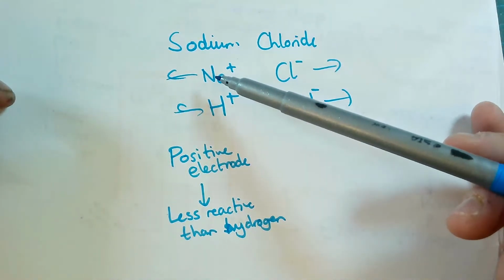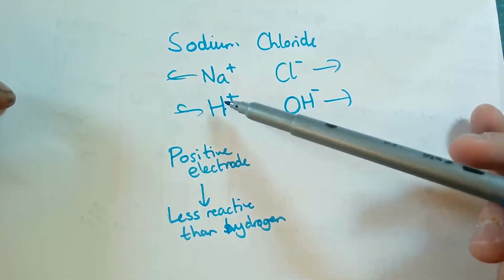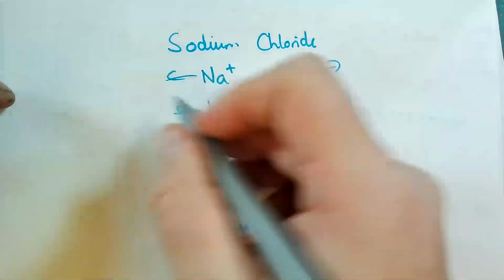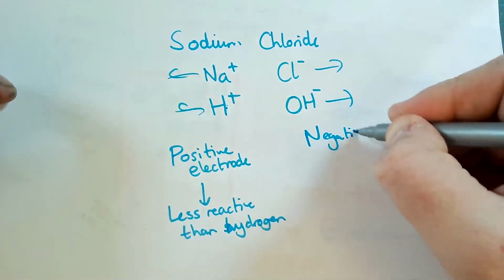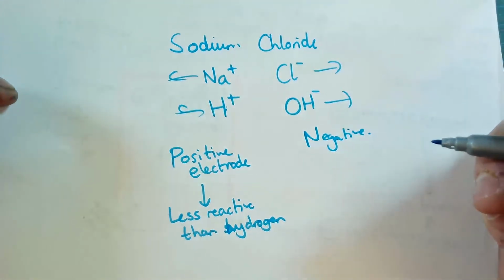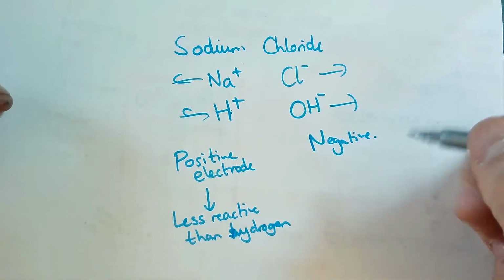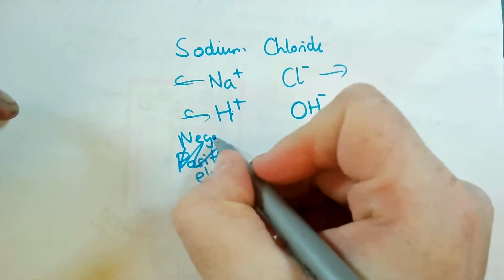So here, the sodium is more reactive than the hydrogen, so the hydrogen will be made. In this case, you'd get hydrogen. Which electrode? Sorry, that's the negative electrode, isn't it?